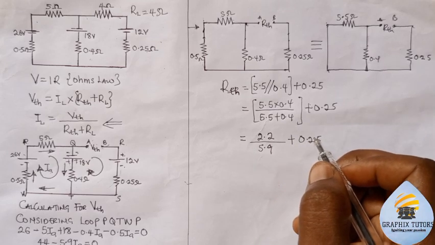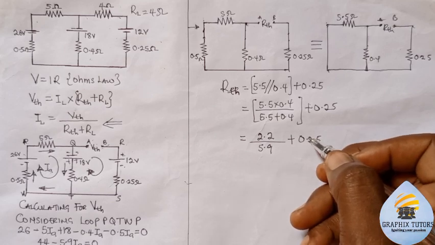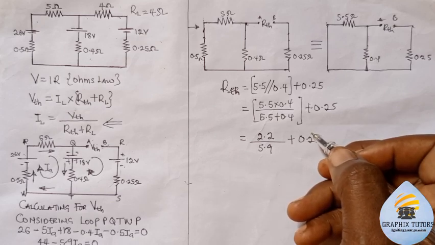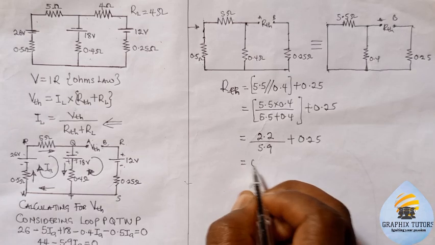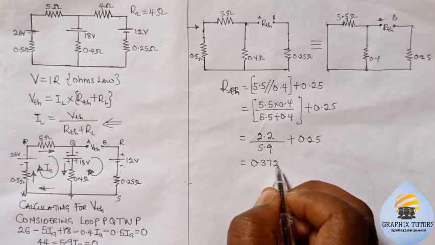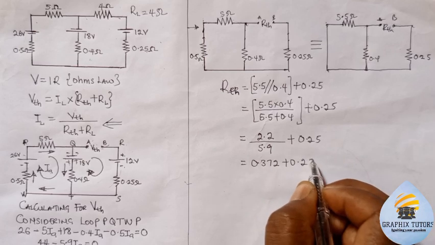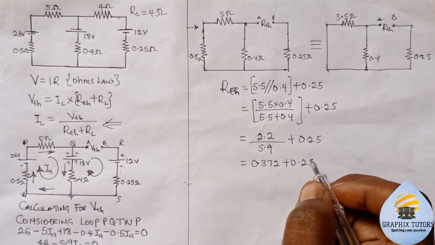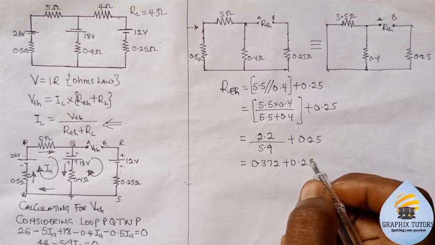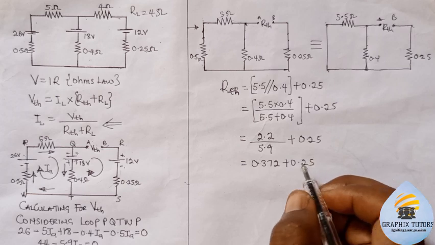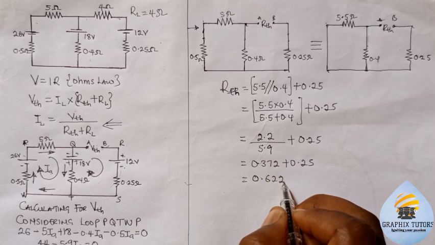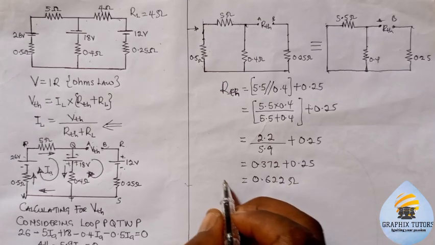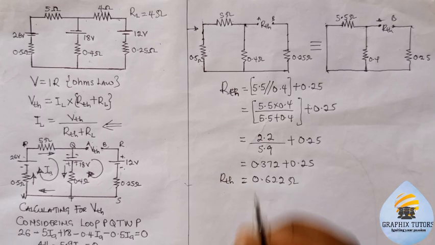Now when you divide 2.2 divided by 5.9, you'll be having 0.372. So I'll be having this to be equal to 0.372 plus 0.25. And 0.372 plus 0.25 is going to give us 0.622. So we're having 0.622 ohms. So that will be my RTH that we have here.